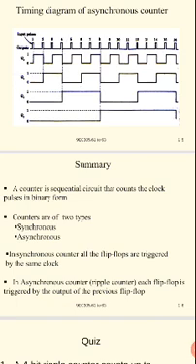And we discussed some quiz points also in this topic. So with this, the topic is completed. After this, we will discuss some other topic in the next class.